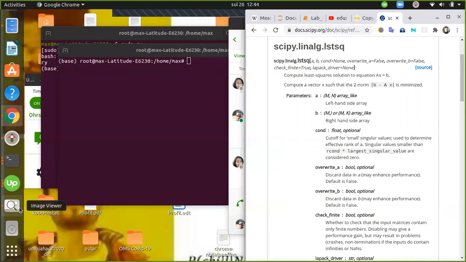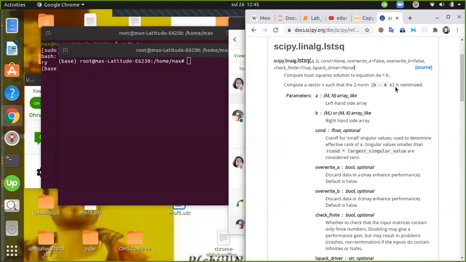Remember this expression? From this example, AX equals B, and in our example, grade equals W times study hours. What is B in our case? What represents the grades?